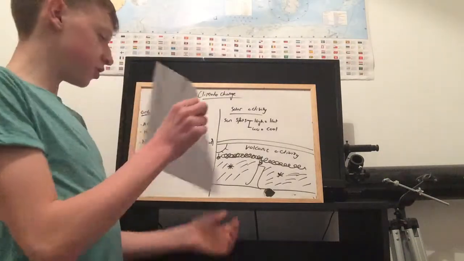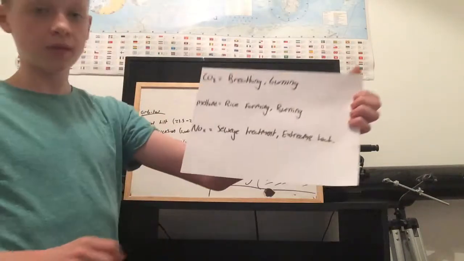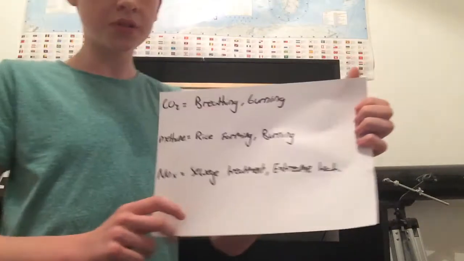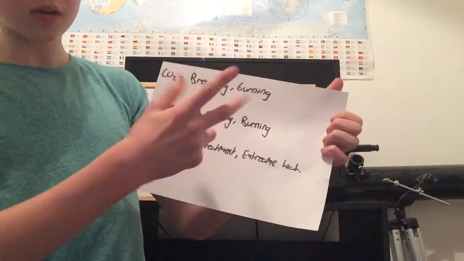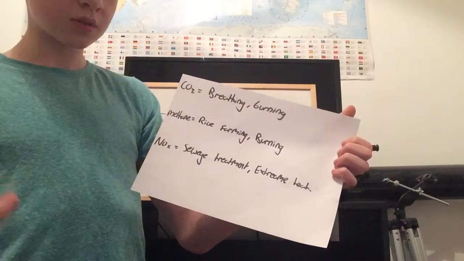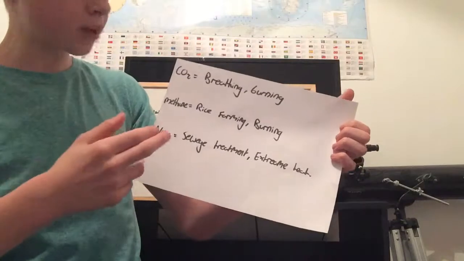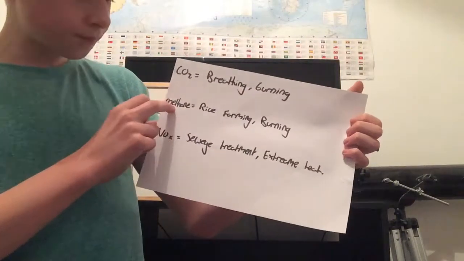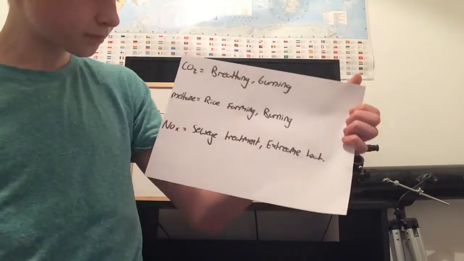Or almost finished, sorry. Now, the three main gases contributing to global warming are CO2, which is caused by breathing or burning. Complete combustion always generates water and carbon dioxide. Methane is produced by rice farming and burning again.